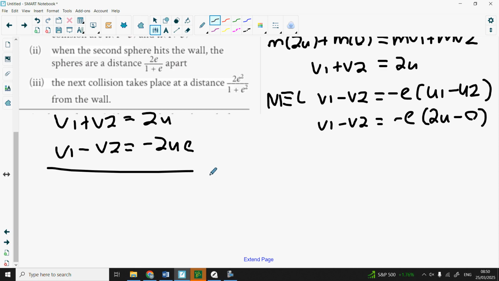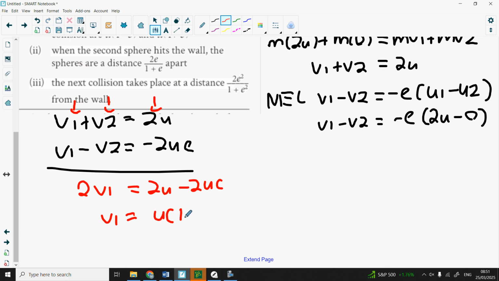We cool? Okay. What happens when we add downwards? 2u minus 2ue, yeah. And V1 equals, divide everything by 2, and there's u into 1 minus e.